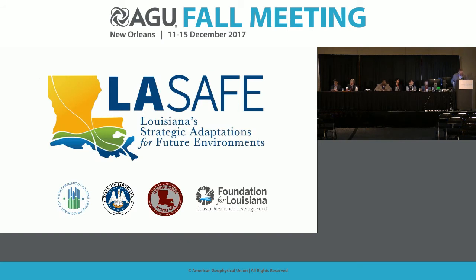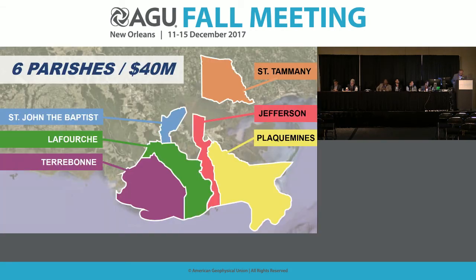LA Safe, or Louisiana Strategic Adaptations for Future Environments, is a program that we launched with $40 million from HUD. We received a $92.6 million award at the end of the National Disaster Resilience Competition. This program is attempting to take a regional approach across the 6 parishes you see here. Those are St. Tammany, Plaquemine, Jefferson, Lafourche, Terrebonne, and St. John the Baptist.